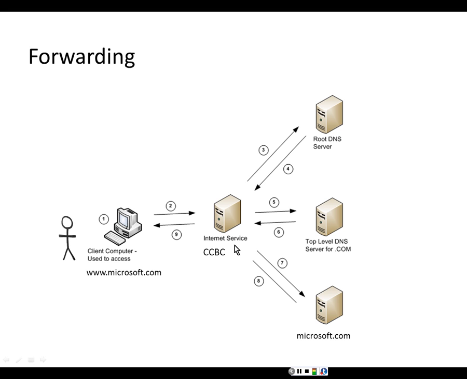So then our DNS server queries Microsoft's DNS server, finds out the IP address of Microsoft's website, sends the IP address back to our DNS server, which sends the IP address of Microsoft.com's web server back to the user's workstation. A lot of steps there, huh?